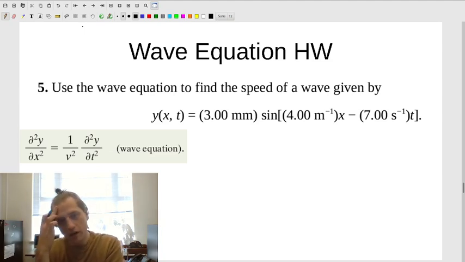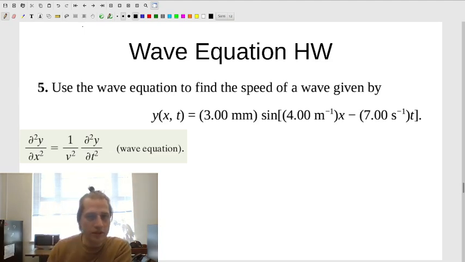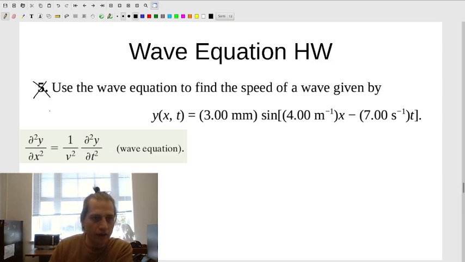Okay, now I gave you one homework problem. It's not numbered as 5. It's the last homework problem on your set. That's a little tricky, but I think you can do it. And it says, use the wave equation to find the speed of a wave given by this.